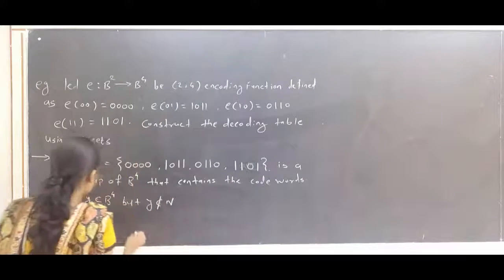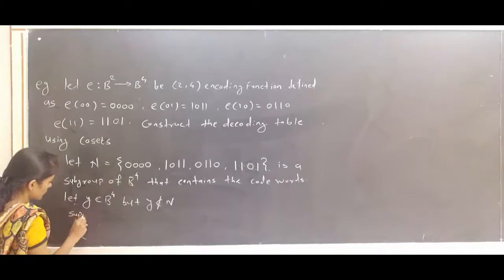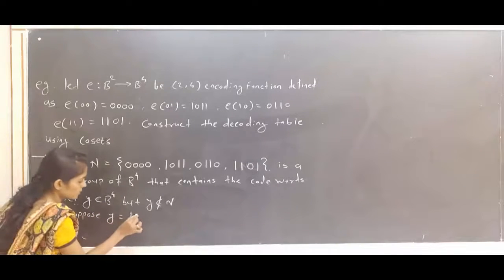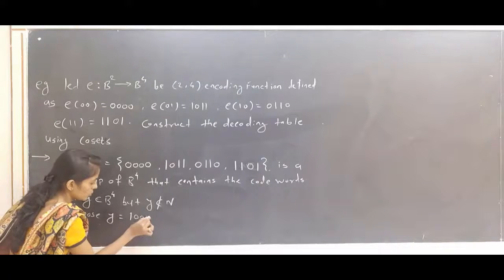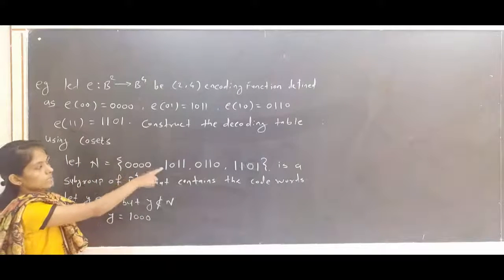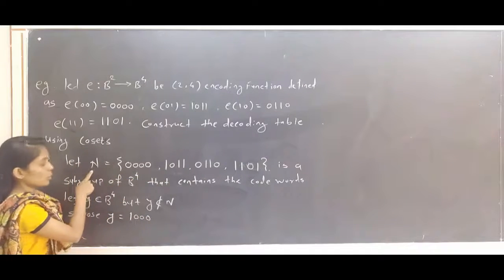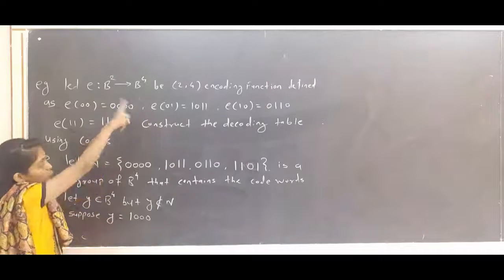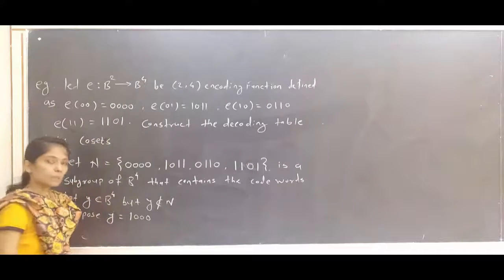Okay, so see here, suppose y = 1000. So see here 1000 does not belong to set N and belongs to B⁴ and whose weight is again minimum.